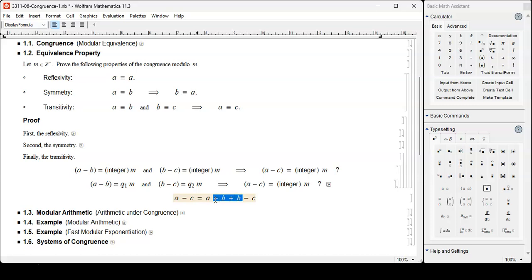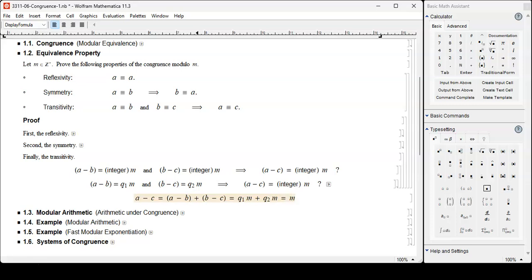Subtract and add the same thing, we get net 0. If I do that, then these two can be written as q1 m and then this difference can be written as q2 m.